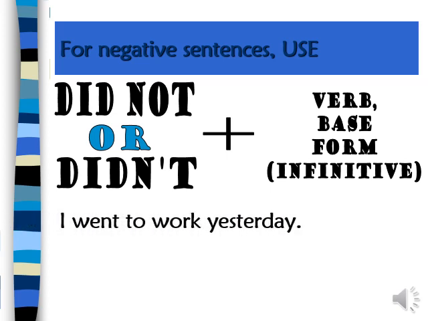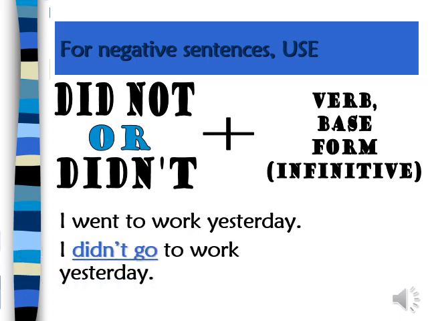I went to work yesterday. Let's change it into negative. Who can do it? Try. Excellent. I didn't go to work yesterday. After didn't, we use the base form of the verb go.